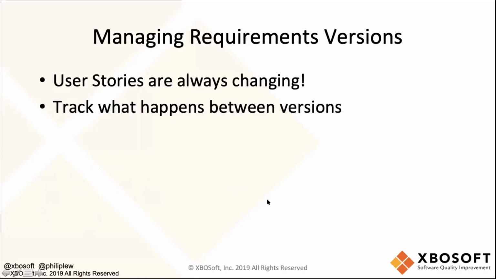Okay, thank you, Cheney. So the problem is, as you all know, that user stories are always changing, right? And so what we want to do is be able to manage that process of change within the iterations and track what happens between the versions of the requirements or the versions of the user stories.